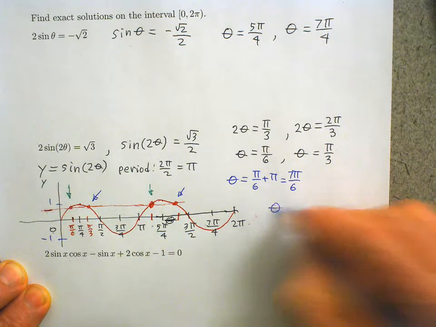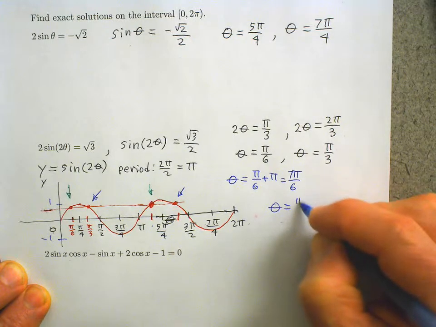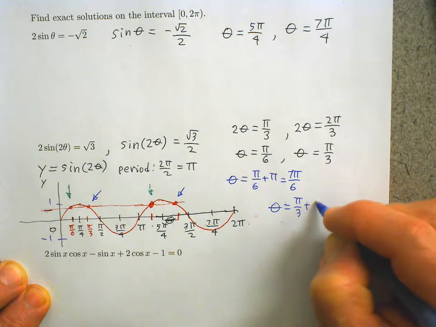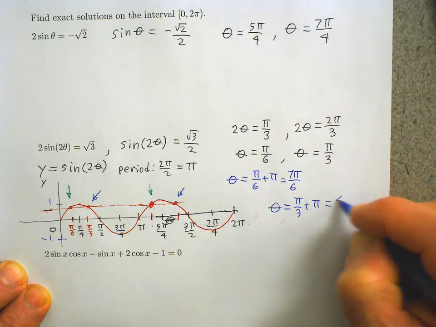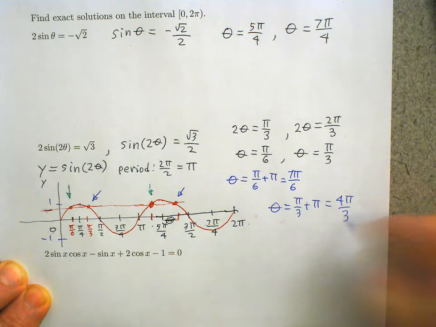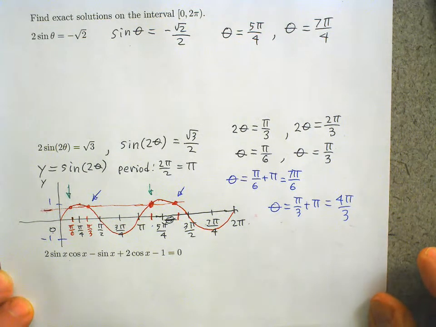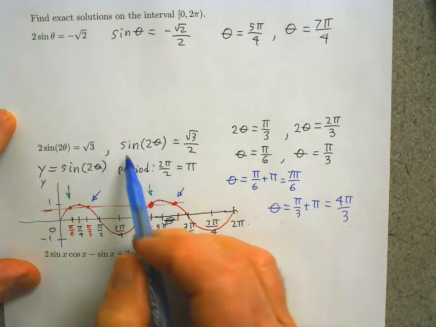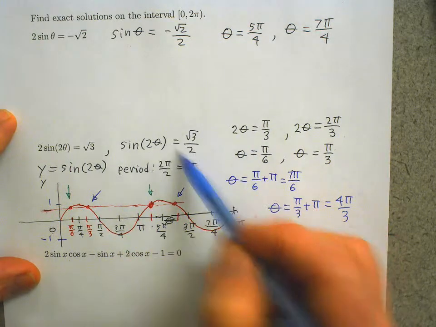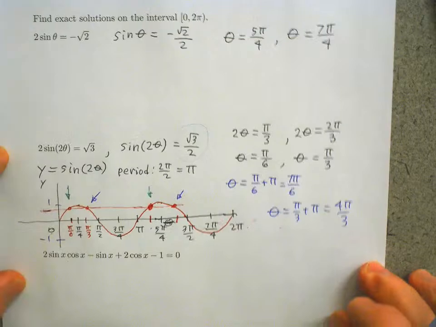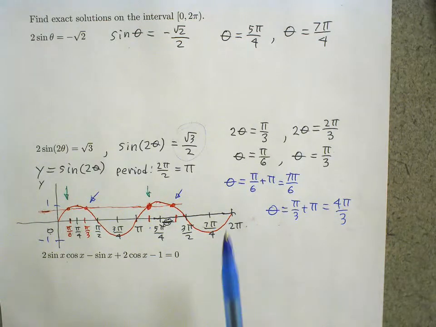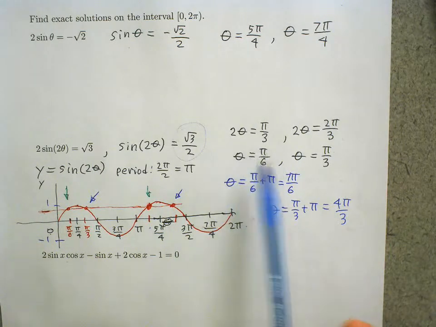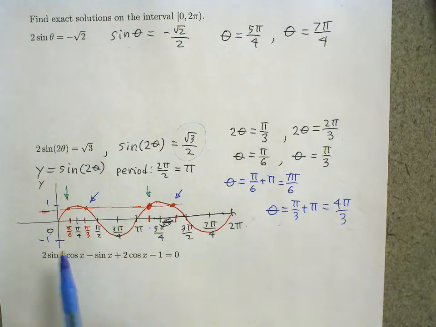And the fourth solution is pi over 3 plus pi, which is 4 pi over 3. Okay, so the thing to remember, if you have sine of 2 theta equals a positive number, there's going to be 4 solutions between 0 and 2 pi.